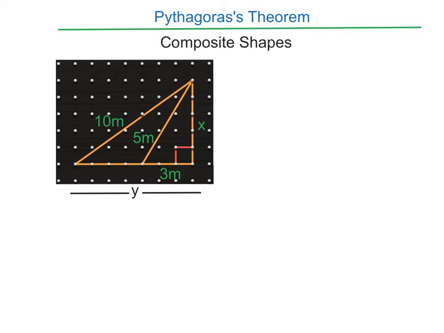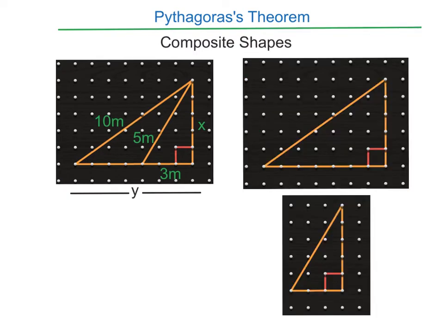So what's better is to actually split these two triangles into two separate triangles so you can see them more easily. Here you can see that the smaller triangle, which is this one, and the larger triangle, which is this one, can be separated into two triangles. This is 10, this is x, that's y, this one's 5, that one's 3, and that one's x.